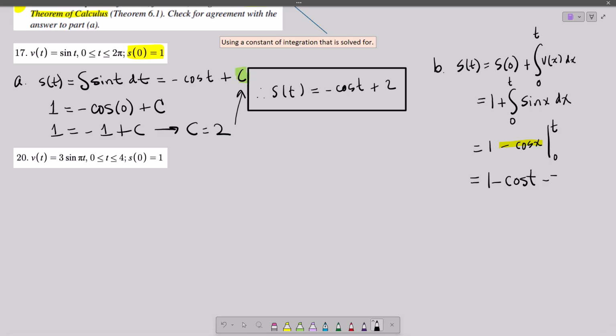So plugging in the lower limit of integration, you subtract it off, but that antiderivative is negative, and we're going to plug in cosine of 0. And so this becomes 1 minus cosine of t plus cosine of 0 we said was 1. And so here we're going to end up with the same thing, negative cosine t plus 2. Same answer.